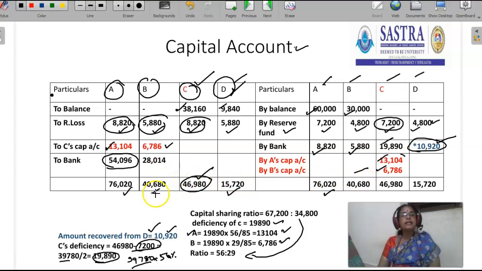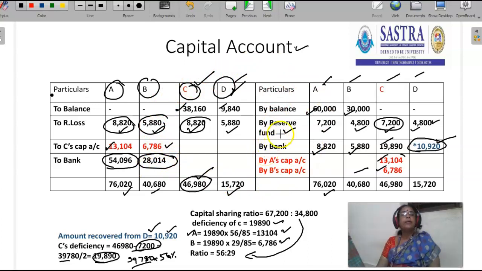From 40,680, if we deduct 5,880 and 6,786, the balance is 28,014. That means A's capital account debit to bank 54,096, B's capital account debit to cash or bank 28,014. A has to be settled by the firm 54,096. B gets from the firm 28,014. In this way, this is the style to prepare the capital account.